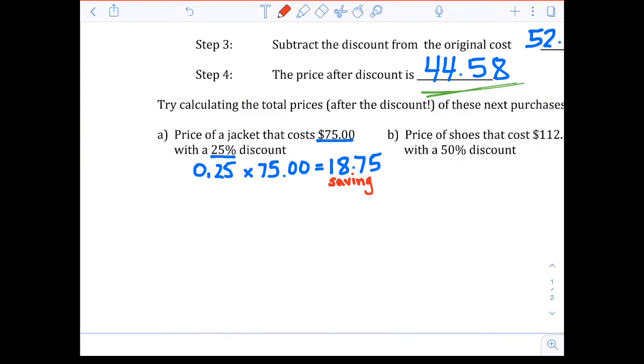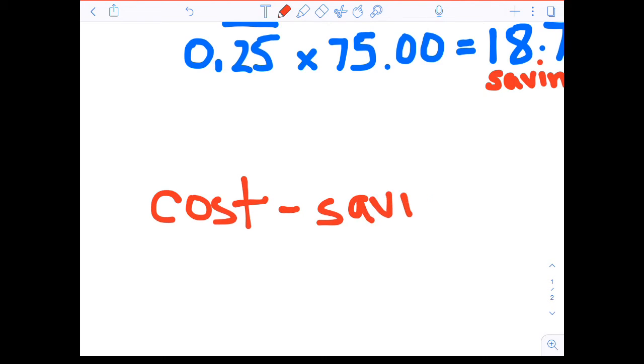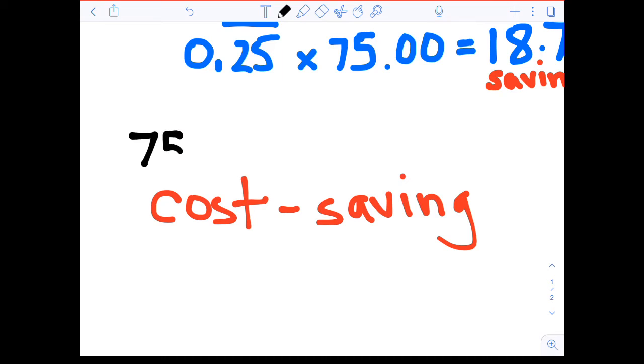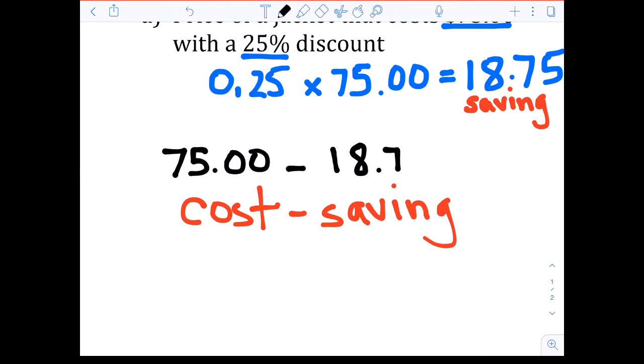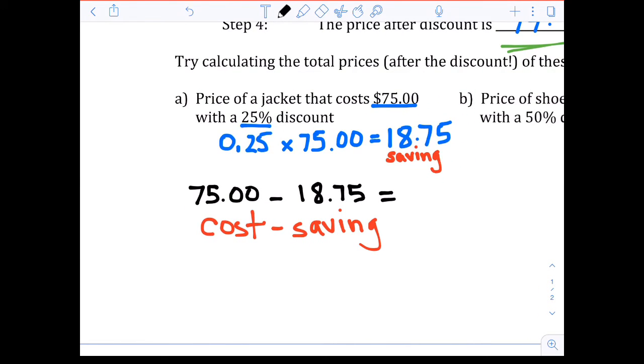That's how much we're saving off the original price. So I'm going to take the cost of what we're buying, and I'm going to subtract what we're saving to find the new price. Well, remember the cost of what we're buying was $75, and we just saved $18.75, and that will tell us what our new cost is.